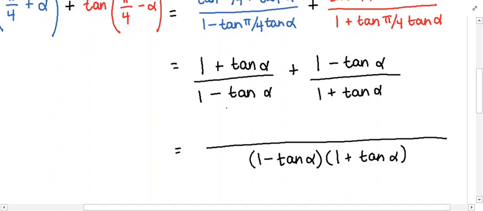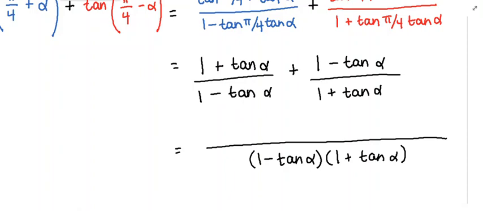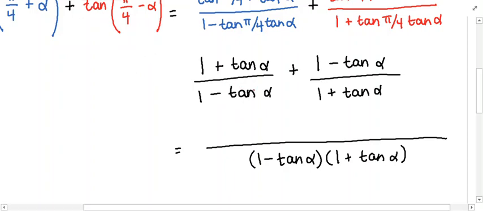Let me give myself some room here. If I look at this first fraction, what is missing from the denominator? Well, we already have the 1 minus the tangent of alpha, so we want the denominator to be 1 plus the tangent of alpha times 1 minus the tangent of alpha. So we have to multiply by this other factor.